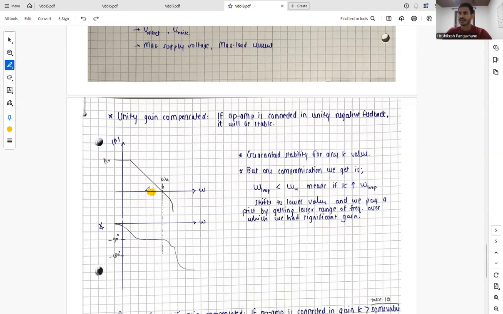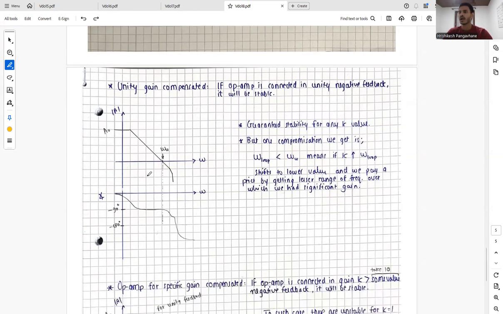Because then let's say omega loop comes over here. After this point, we will get a gain which is below the 0 dB line and which is not of our interest. So we'll get a lower bandwidth. This is the price we pay for such kind of op-amps.